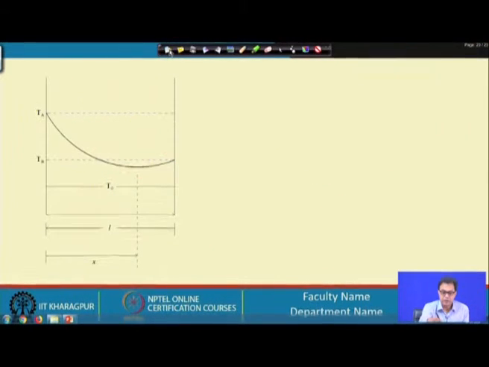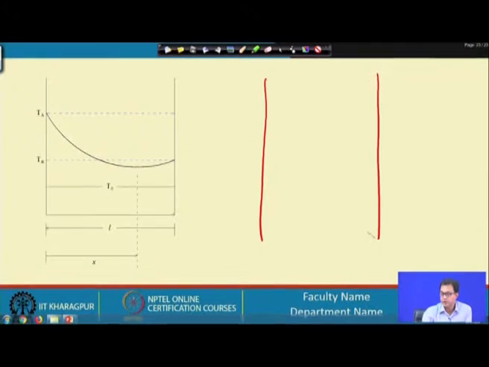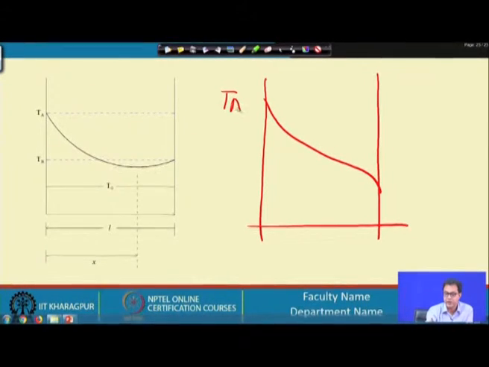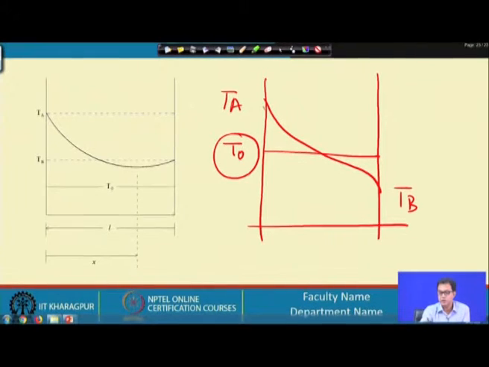Now, there may be another situation where this fluid stream is such that this is Ta and this is at Tb, and the intermediate fluid, the convective fluid flowing over the fin, has a temperature T0, which is intermediate to this Ta and Tb.